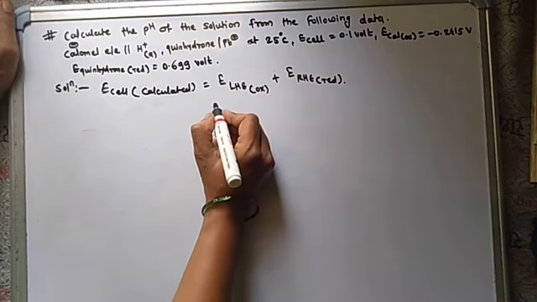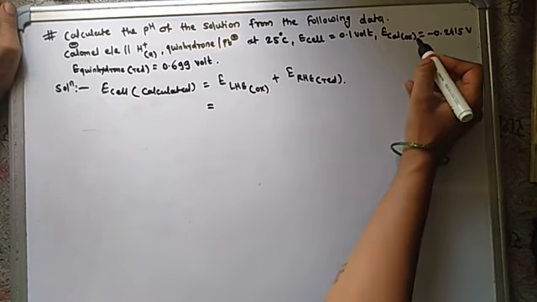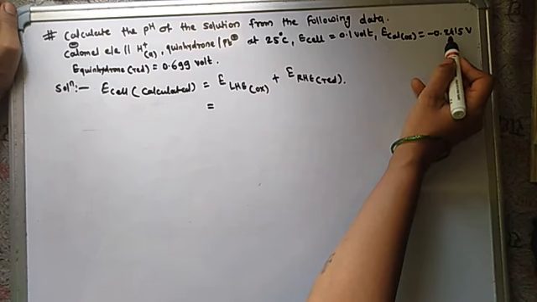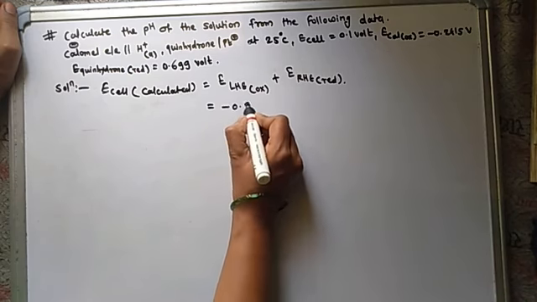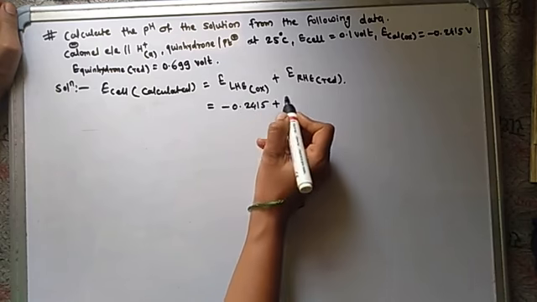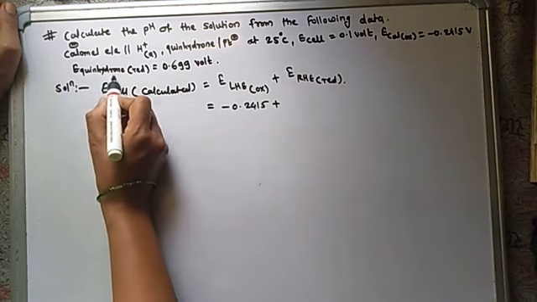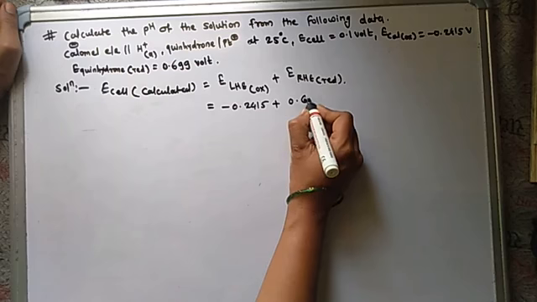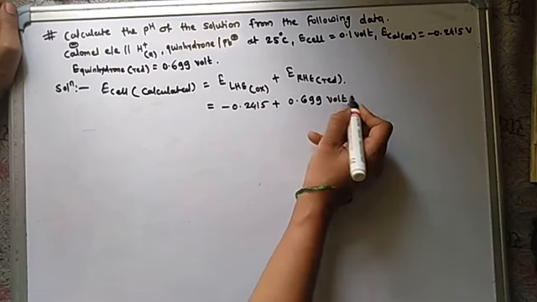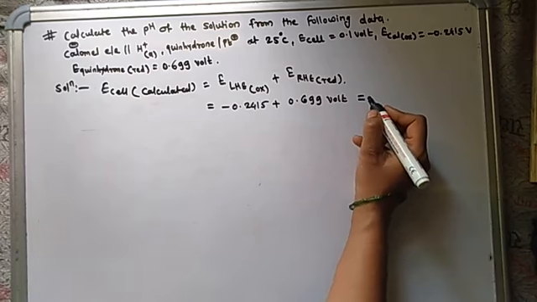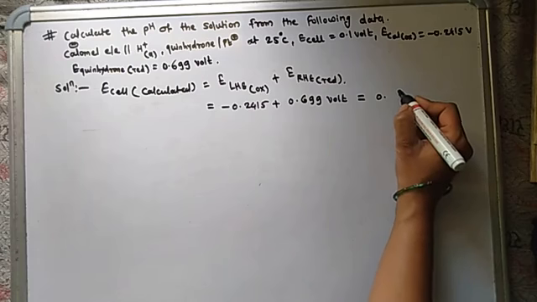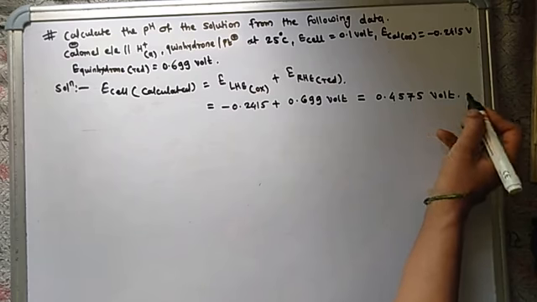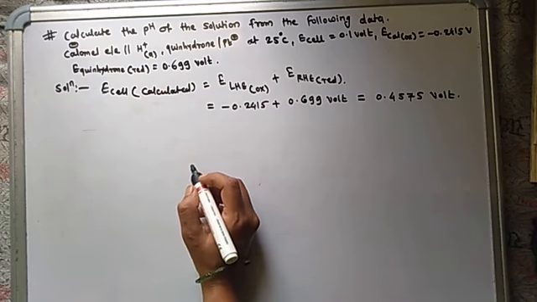E calomel of oxidation, the left-hand electrode, is minus 0.2415, plus the right-hand electrode, quinhydrone in reduction potential, 0.699 volt. Overall, the calculated EMF of the cell is 0.4575 volt.